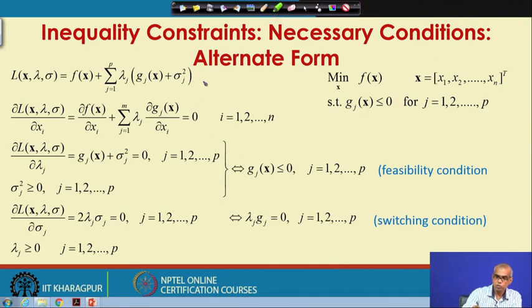Note, this was my Lagrangian function. So, this is the gradient of the Lagrangian with respect to each decision variable, which must be equal to 0.